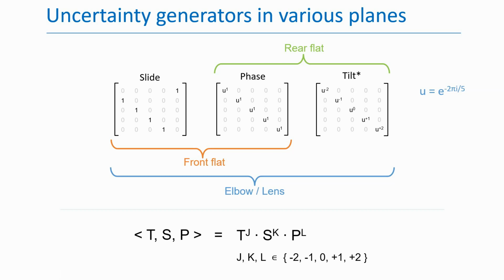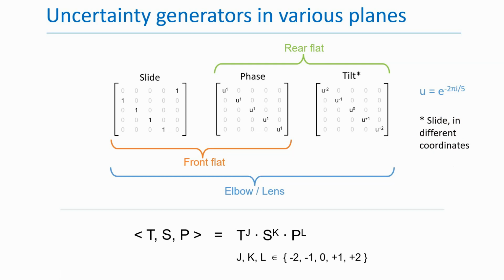Pushing the analogy even further, one flat is like an atom in a vertical field, and the other flat is like an atom in a horizontal field, because each flat's uncertainty is a different subgroup of tilt-slide-phase, just like each atom's uncertainty is a 2D rotation around a different axis. Also, note that there is an asterisk on the label tilt, which indicates that tilt is only one interpretation. Later on, we will reinterpret the same transformation as slide for a different coordinate system.